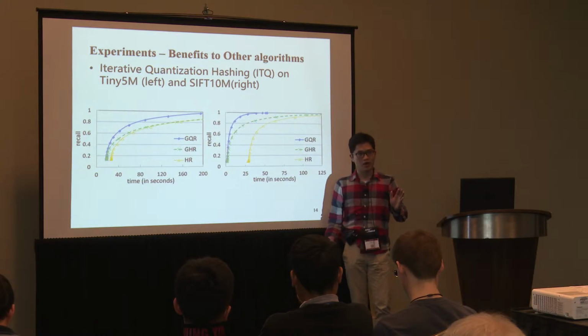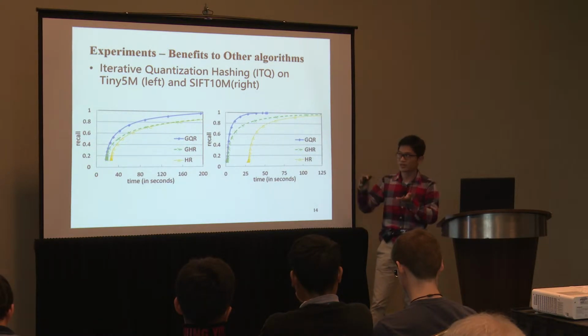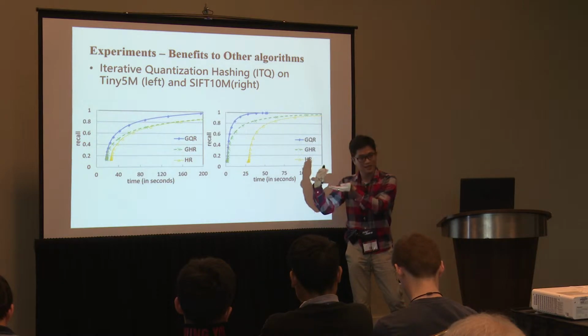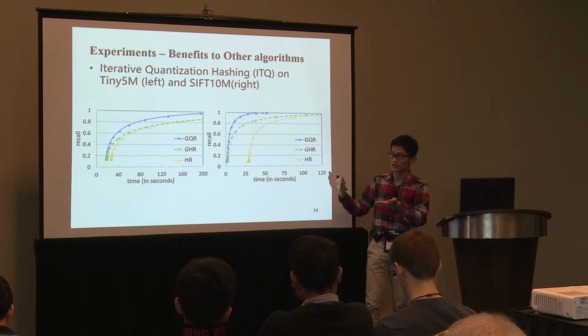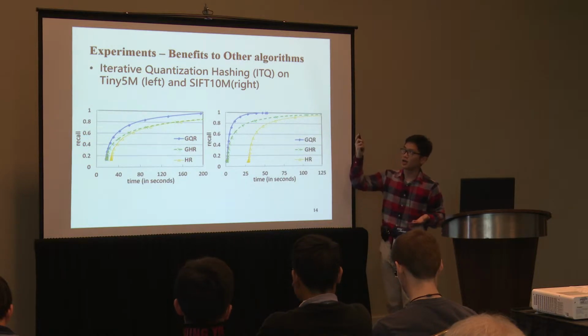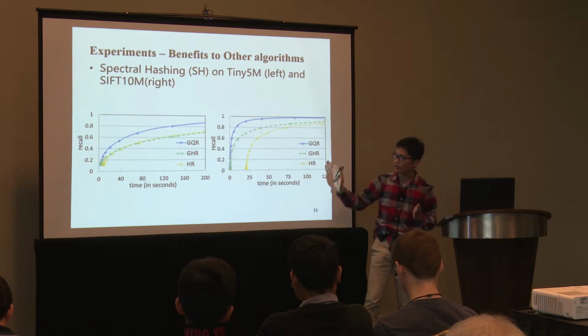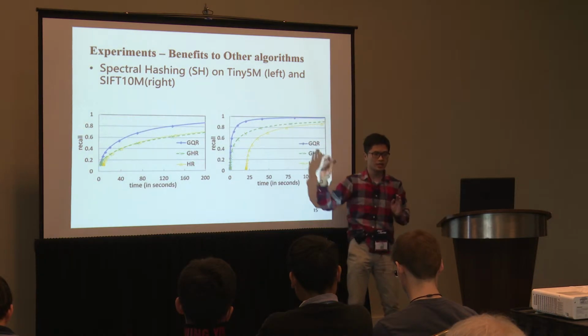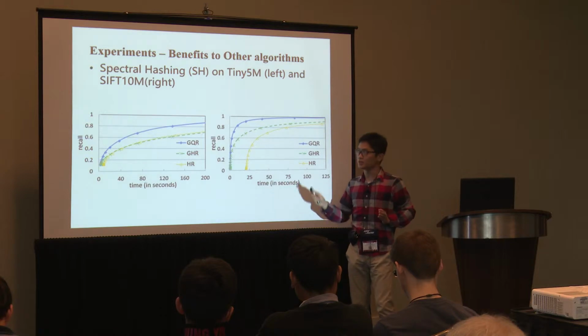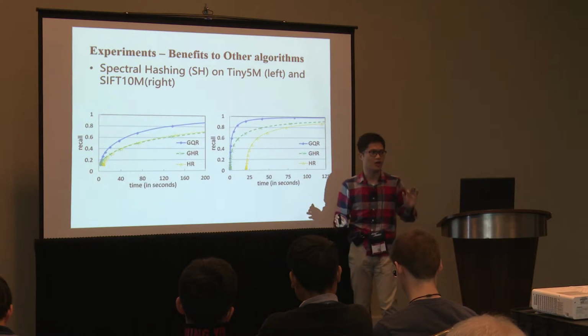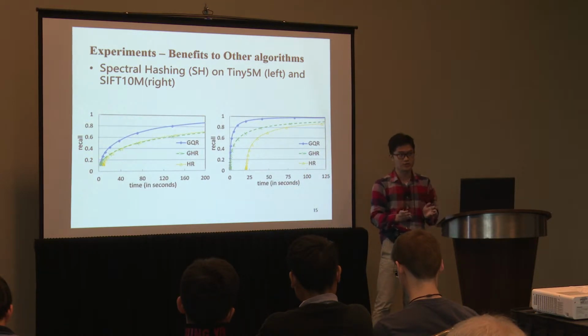More importantly, our algorithm is not restricted to a specific setting such as PCA hashing. Our algorithm also applies to other learning to hash algorithms, such as ITQ. We can see that we made improvements. And consistently, we can also improve spectral hashing. Here we use ITQ and spectral hashing as examples because they are widely applied in the computer vision community.